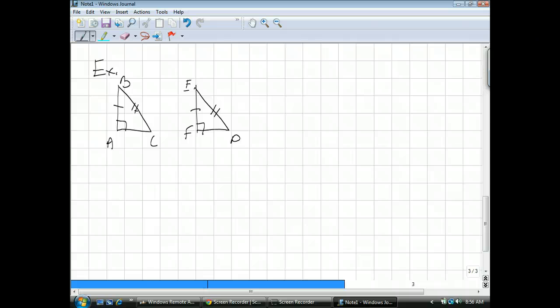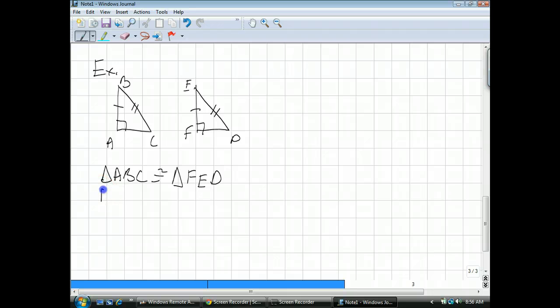So I want to write two statements that describe the congruence. So I can say triangle ABC is congruent to triangle, A corresponds to F, B corresponds to E, and C corresponds to D. Okay?